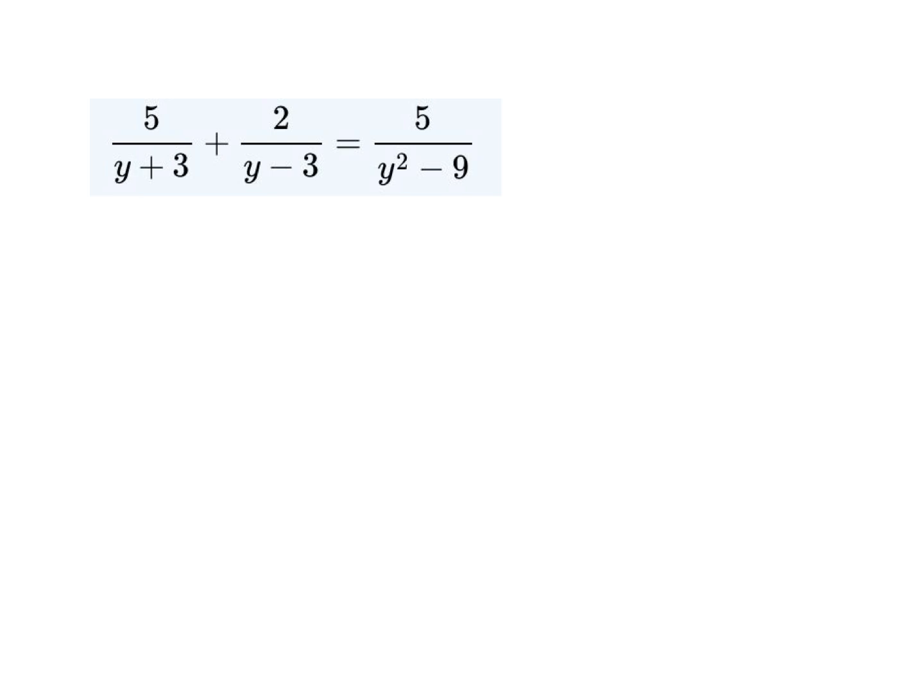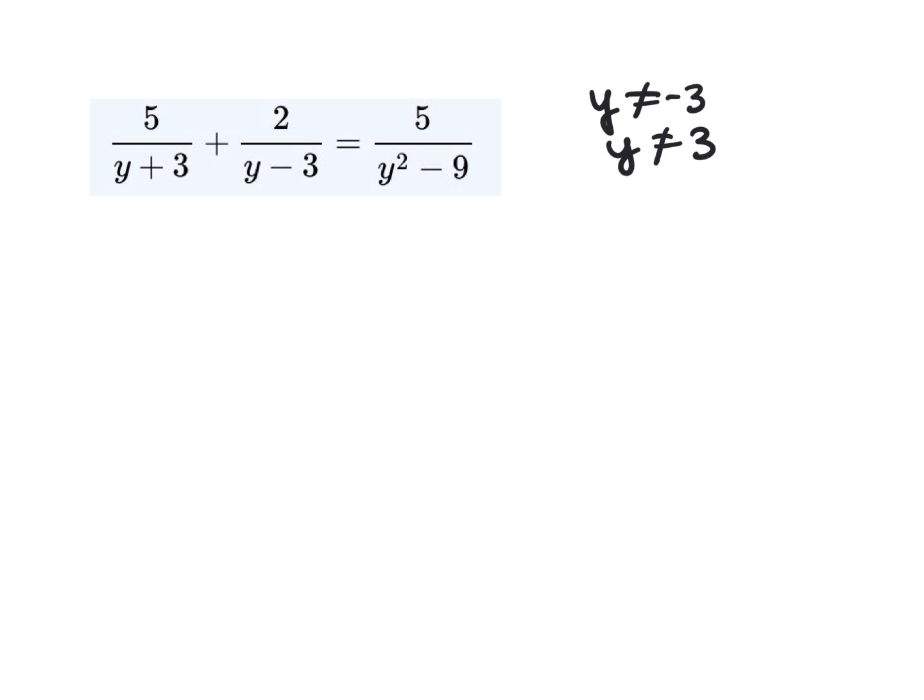Alright, so the first thing that we're going to do with this is look to see what our y value cannot be equal to. Since I see a y plus 3 here, I'm going to say that y cannot equal -3. And since I have a y minus 3, y cannot equal positive 3.